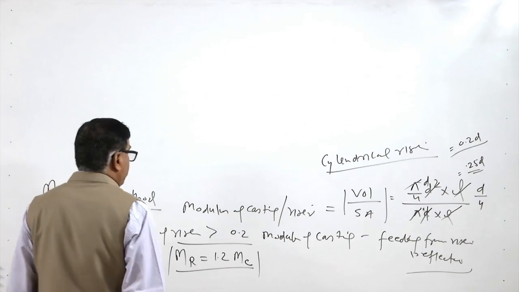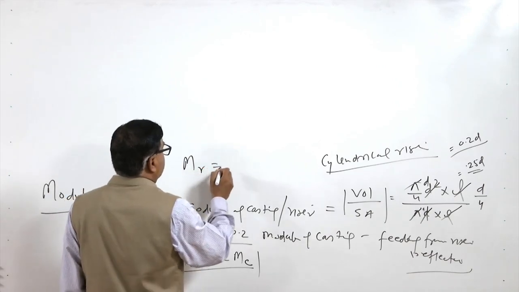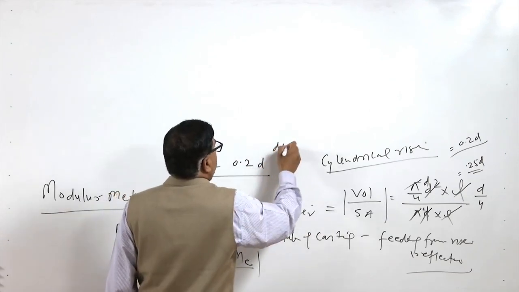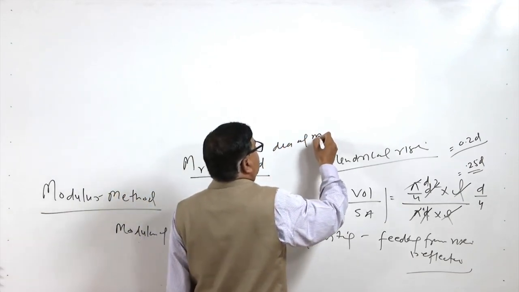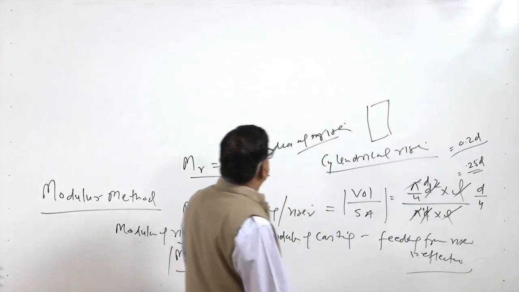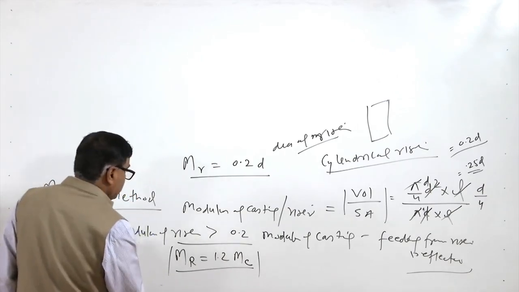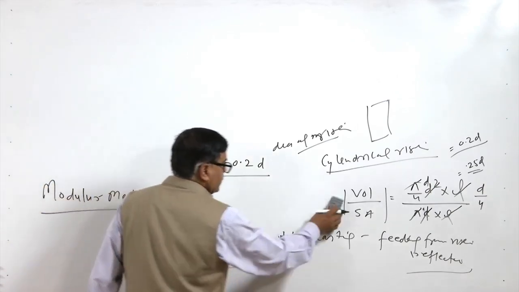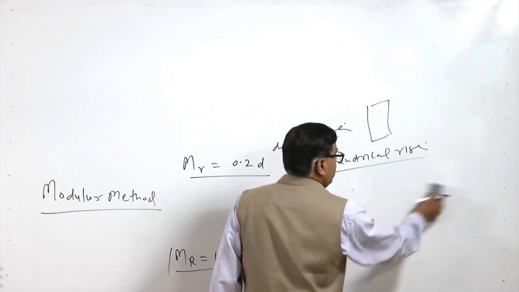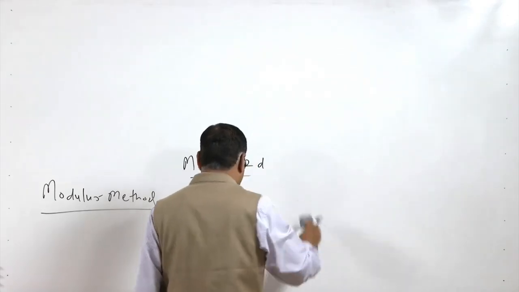So, the modulus of the riser is 0.2 times d, where d is the diameter of the riser if it is a cylindrical riser. Considering this equation, for successful working of the riser, it is required that the modulus of the riser is greater than the modulus of the casting.